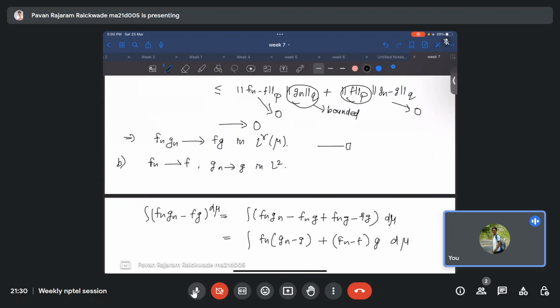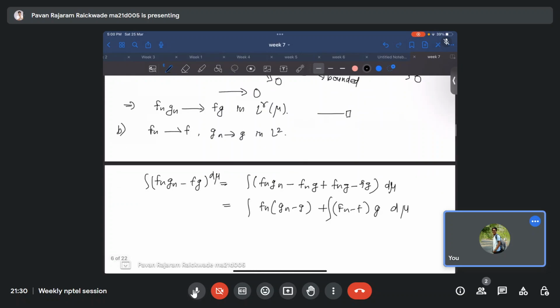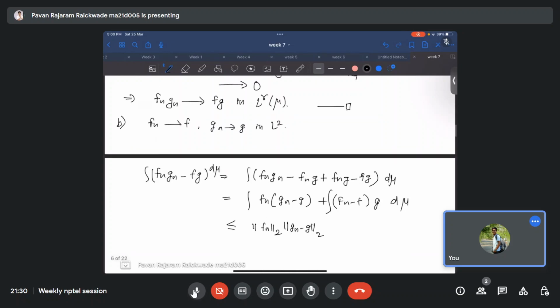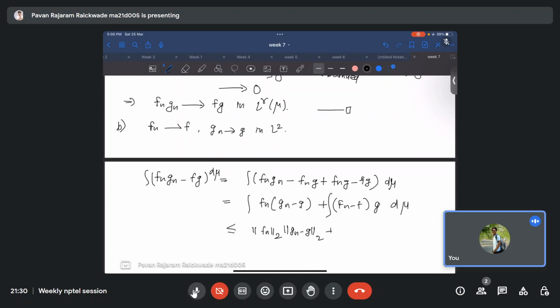I can just separate these two integrals. Now this integral, by Schwarz inequality, is less than or equal to the 2 norm of Fn times the 2 norm of Gn minus G.